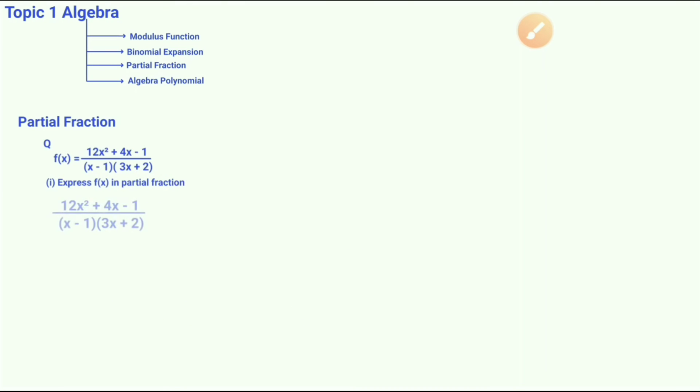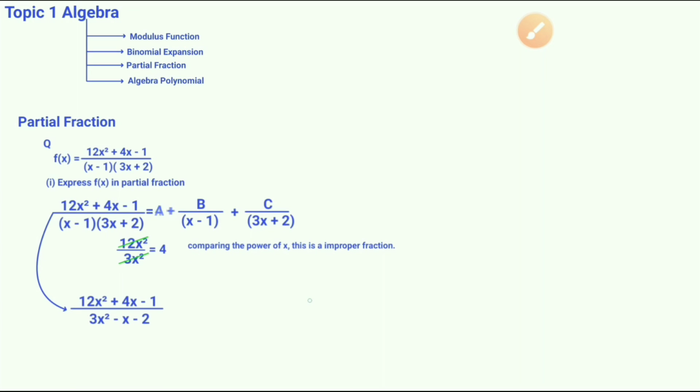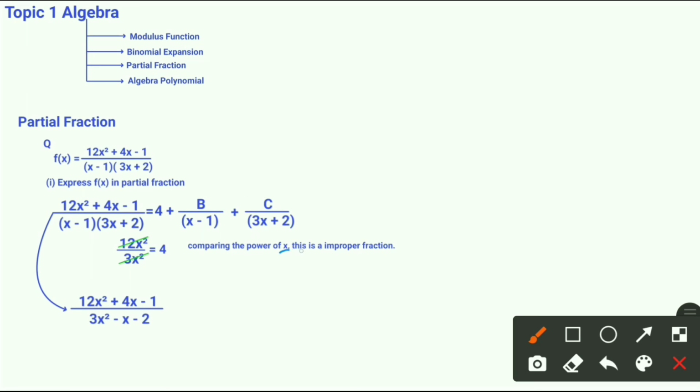Another question, this one is also an improper fraction. Comparing the power of x, x squared and x to the power 2, and then dividing the coefficients, 12 upon 3 is 4, so we get an extra value. We always try to see this, 12x squared upon 3x squared, 4 is the value, and it is an improper fraction.